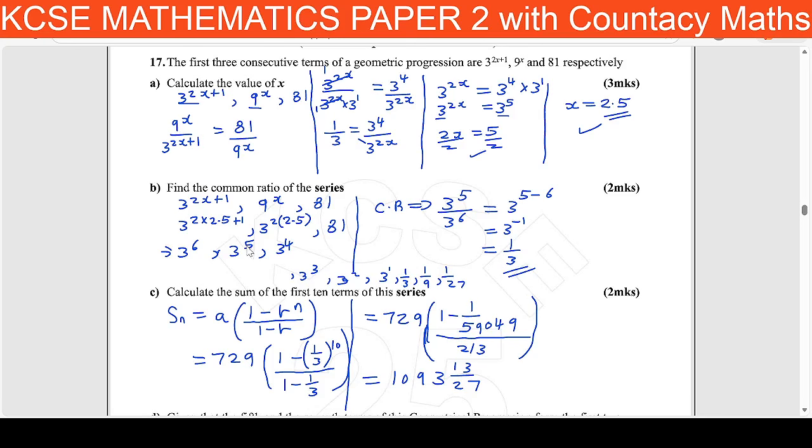So actually, this is really interesting. If you get some time, just try to add 3 to power 6, 3 to power 5, 3 to power 4, 3 to power 3, 3 to power 2, 3, add 1 over 3, add 1 over 9, add 1 over 27. It should actually give you this value. You can confirm that later on.